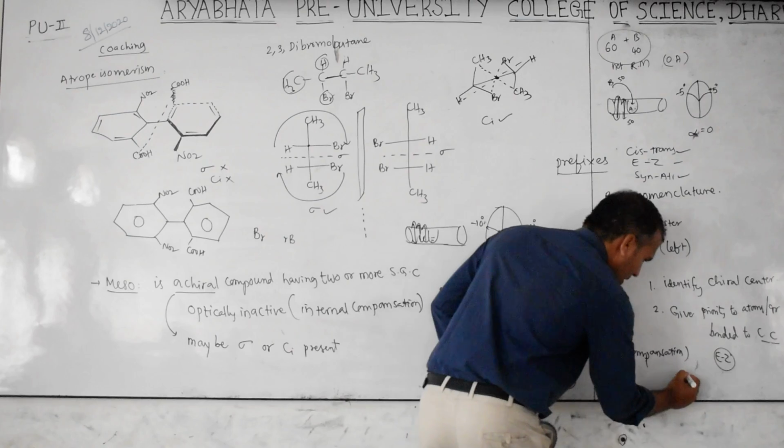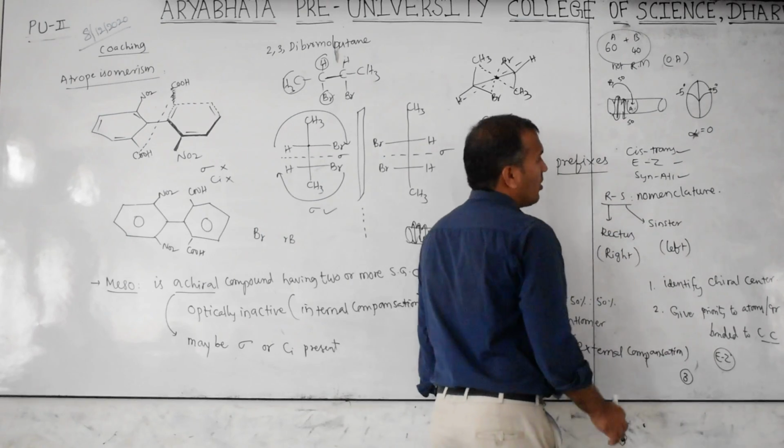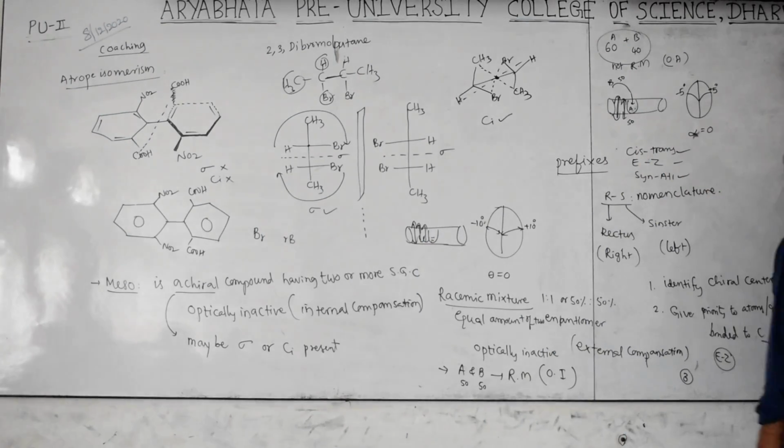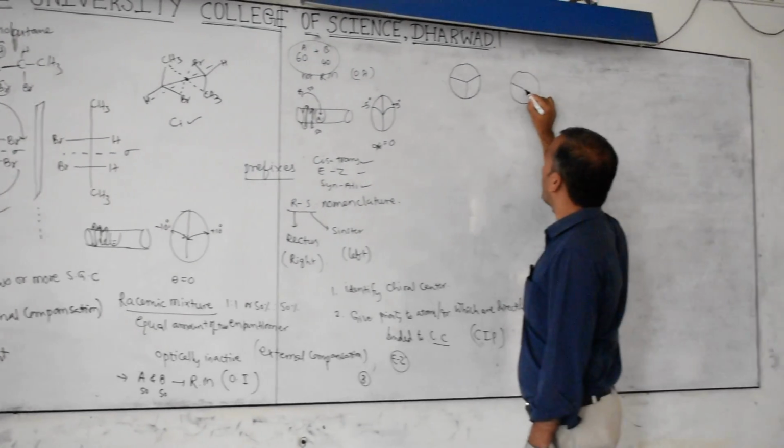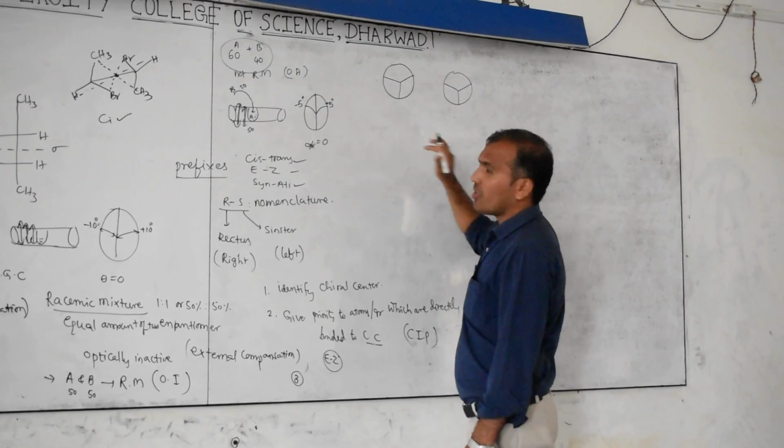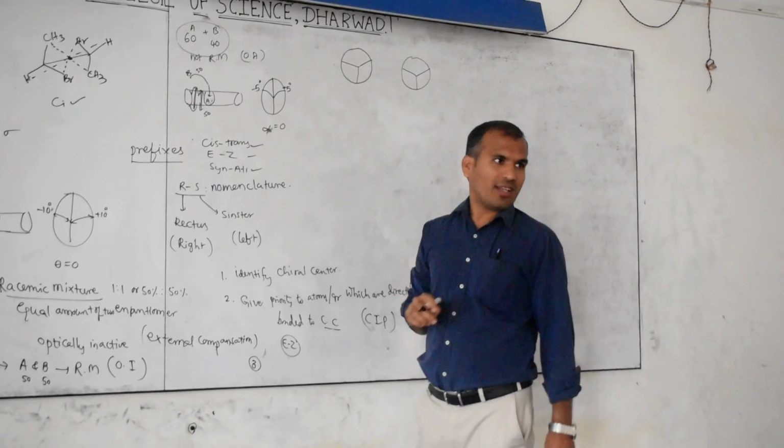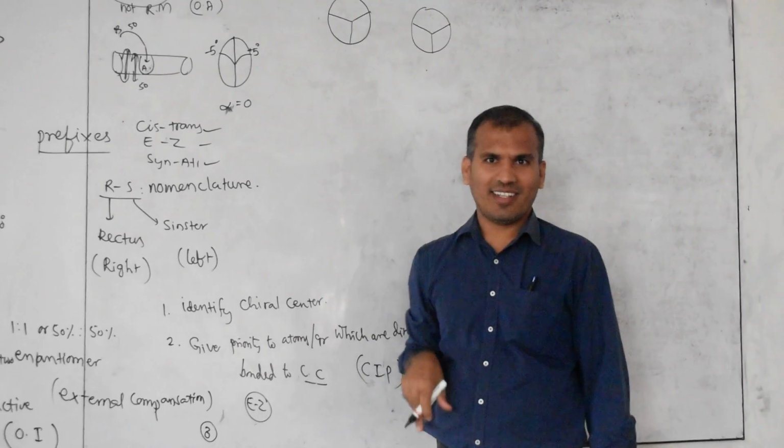The third one, I will write here. You know that a car steering will be like this. In any car, you can observe three spokes. Steering.